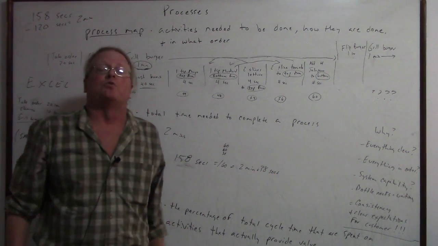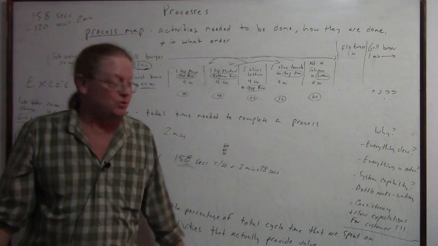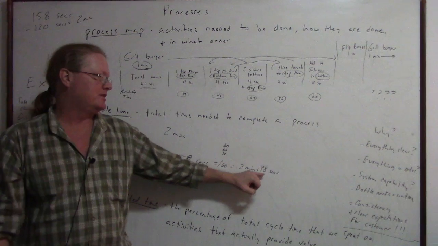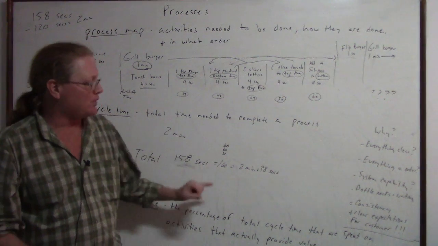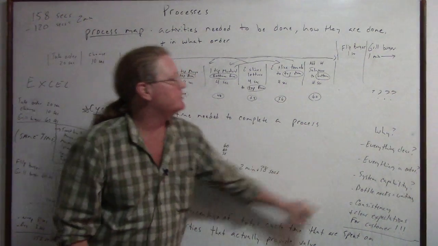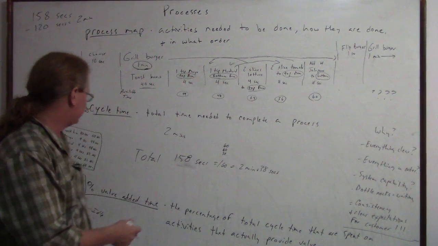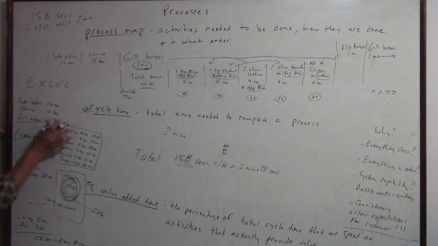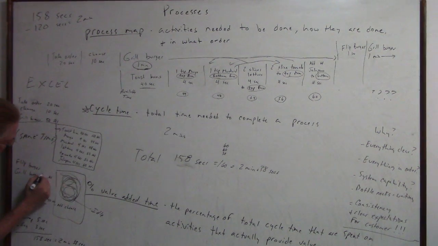Now, if our customer really wants things fast, and most of the time they do, what can we do to get this 2 minutes, 38 seconds down? Our problem, our bottleneck, is the burger grilling. So if we could knock this 60 seconds down to 50, oh boy, and then this other 60 seconds down to 50.